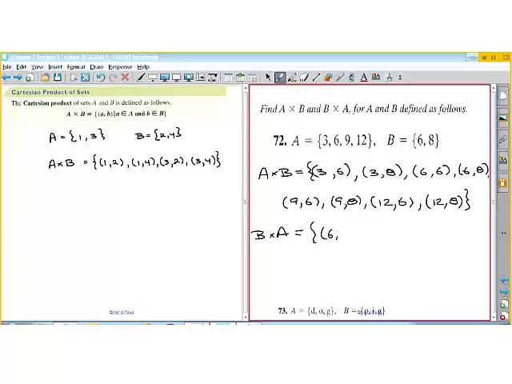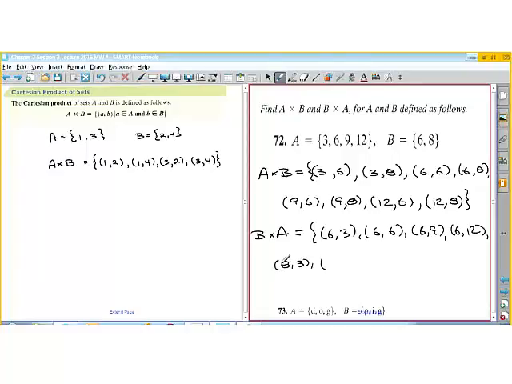So we're going to take this 6 and then do each one of these 4. So we'll do 6, 3, 6, 6, 6, 9, 6, 12. So that's 4 of them. And then we change the first number to the next one.